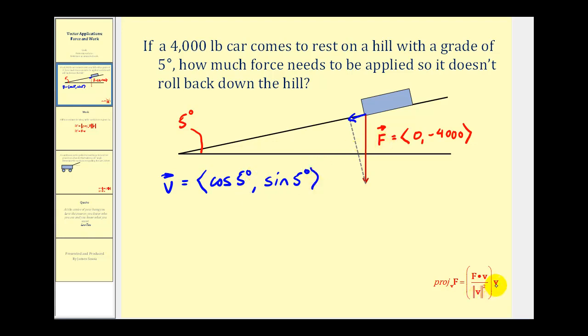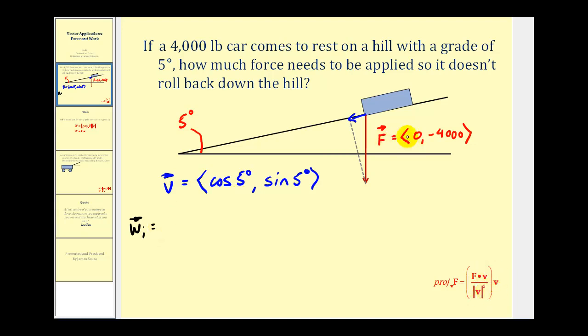Now we have all the information we need to project f onto v. And down here in the corner, I've already taken our projection formula and replaced u with our force vector, so now we can just go ahead and apply this formula here. So our projection of f onto v is going to be equal to f dotted with v divided by the magnitude of v squared times vector v.